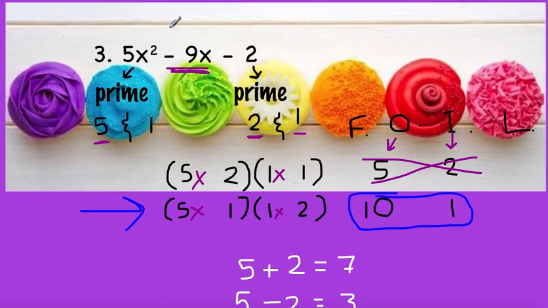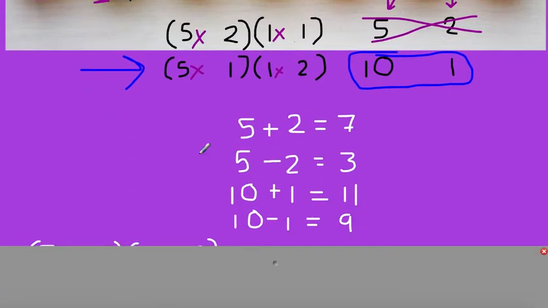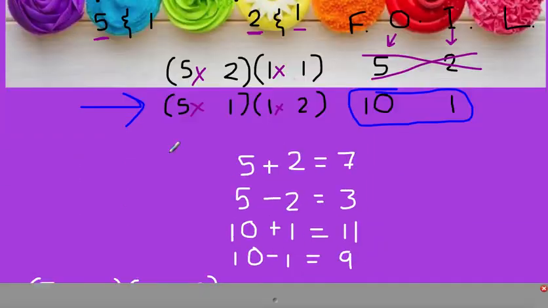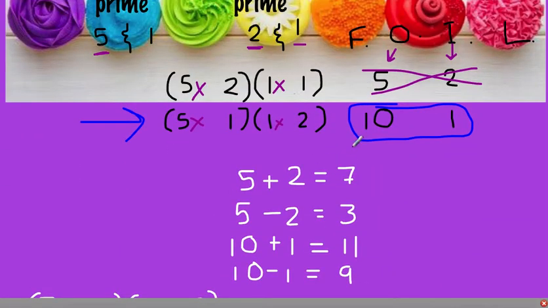So going back up here again, we have a negative and we have a negative, which means that one's going to be negative and the other binomial is going to be a positive. So now we just need to figure out. I always go by a rule of thumb. Negative 9 is bigger, so that means that we want this 10 to be actually a negative 10. So to make this a negative 10, to get the 10 in the first place, I took 5x times 2.